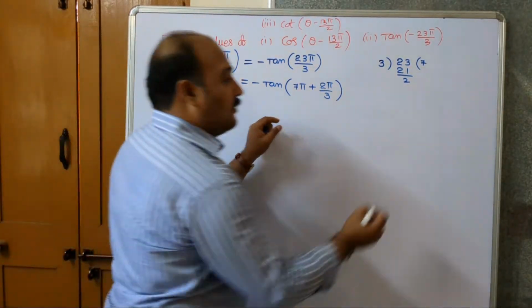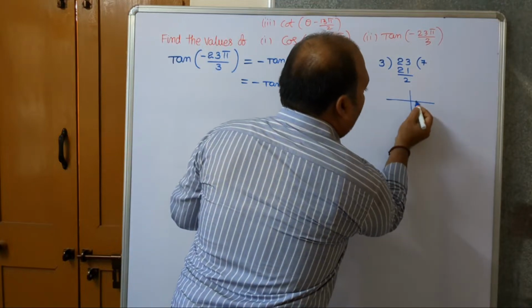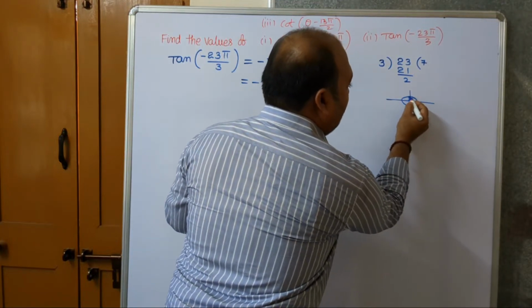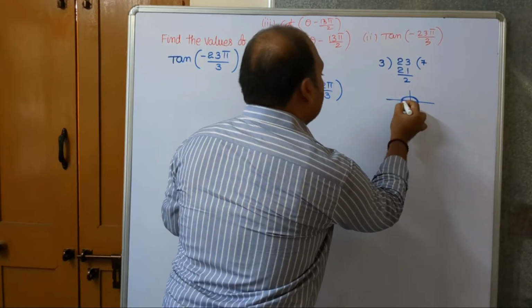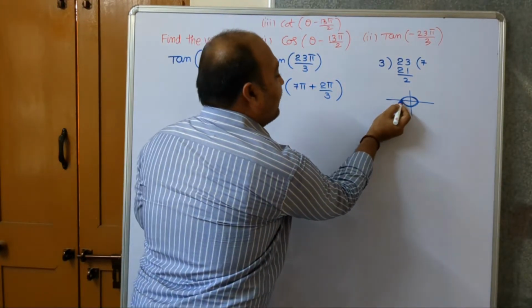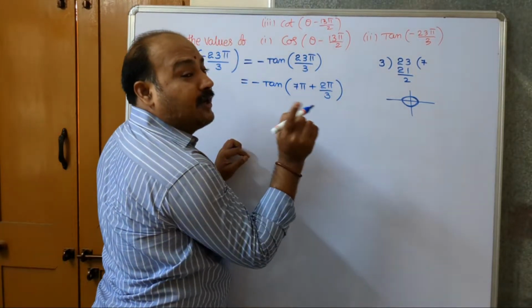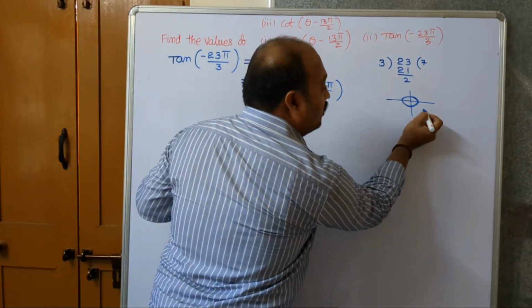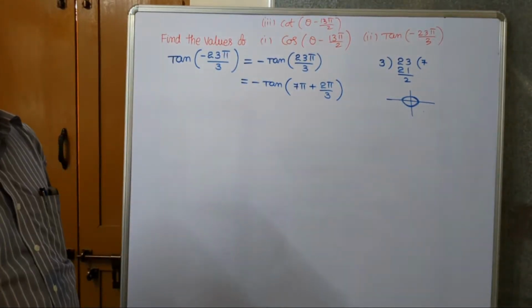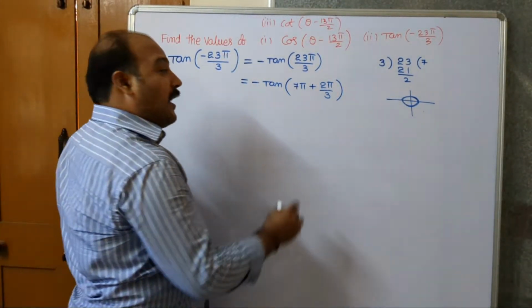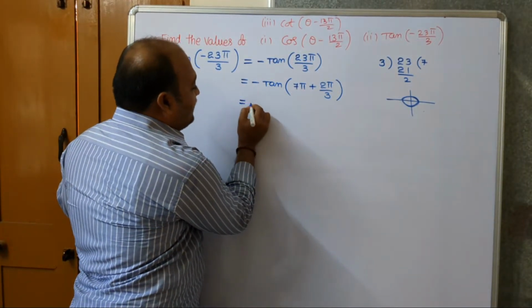7 pi, how it comes? Pi, 2 pi, 3 pi, 4 pi, 5 pi, 6 pi, 7 pi. 7 pi plus 2 pi by 3 means 120 degrees. So it goes in the fourth quadrant. In fourth quadrant, tan is negative. Here already minus is there.